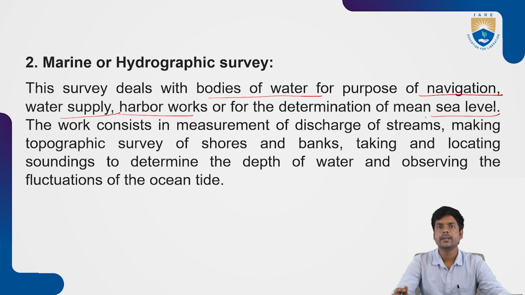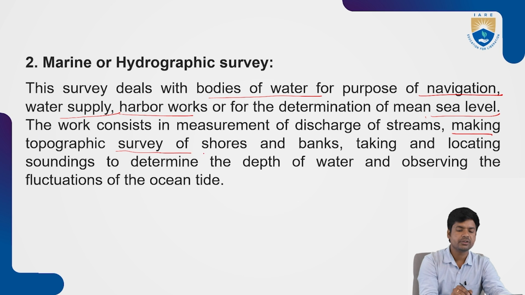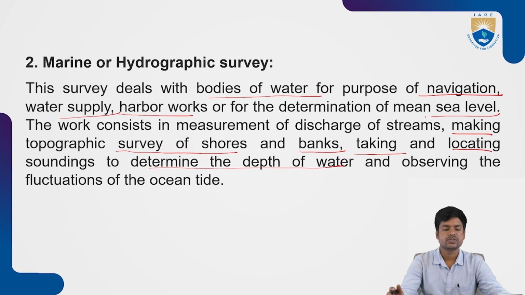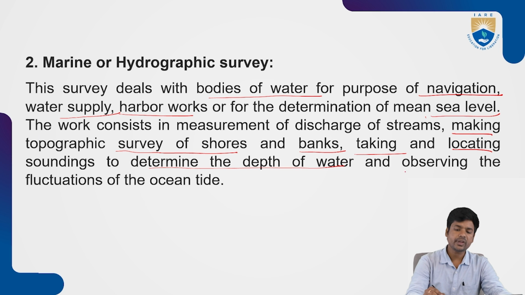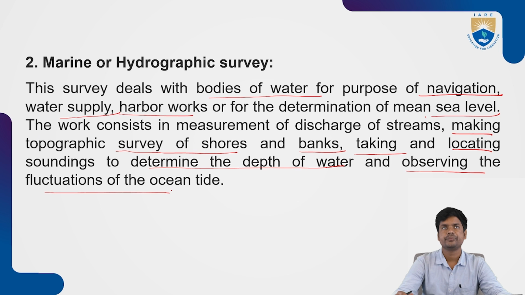The work consists of the measurement of discharge of streams, how much discharge is coming from the different types of dams, and making a topographic survey of shores and banks, and locating the soundings to determine the depth of the water. So to determine the area of the shore and bank near the seas, we use the marine and hydrographic survey. We can also observe the fluctuations of the ocean tide by using marine survey.